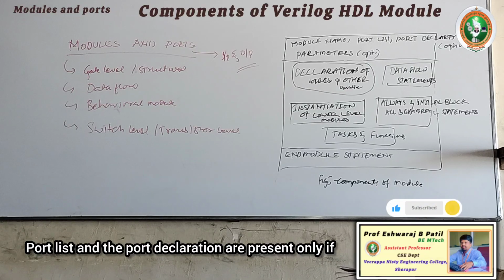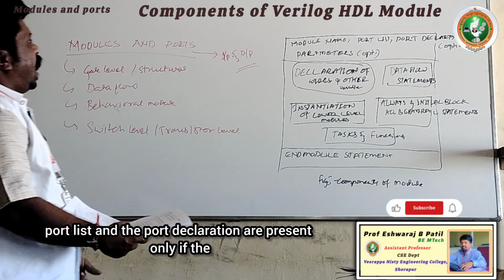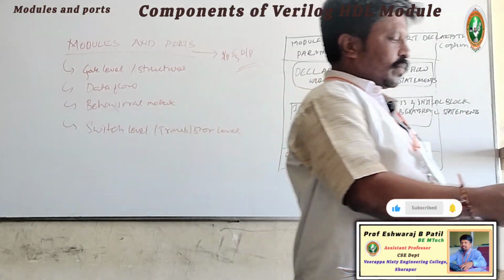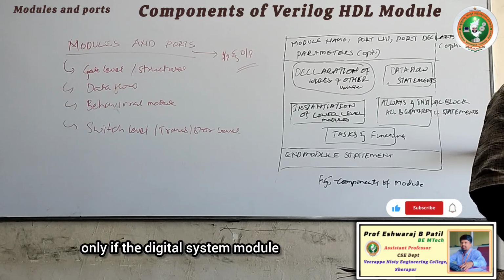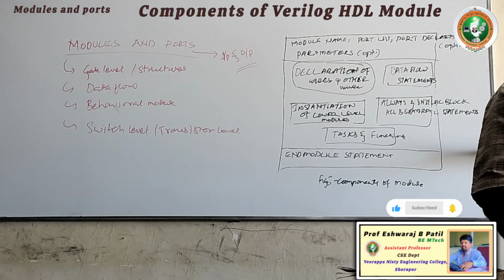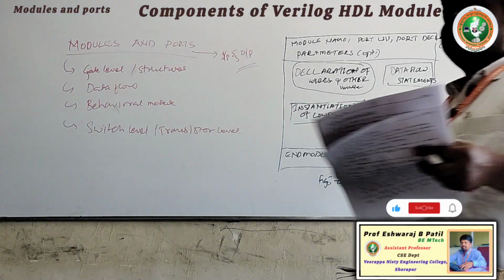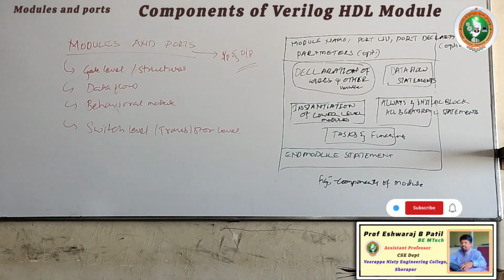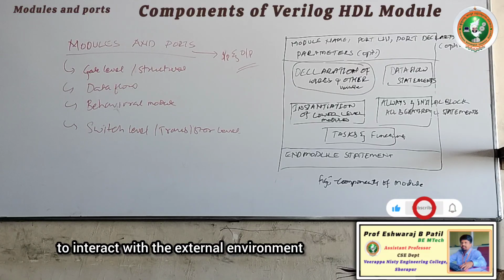Port list and the port declaration are present only if the digital system model has any ports to interact with the external environment.